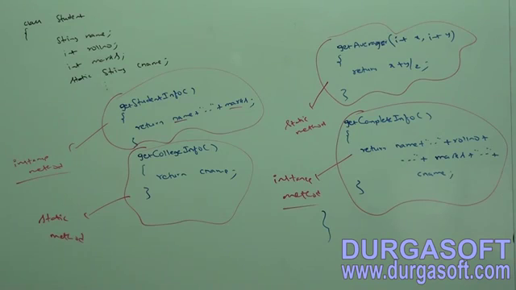String name, int roll number, int marks, static string college name.